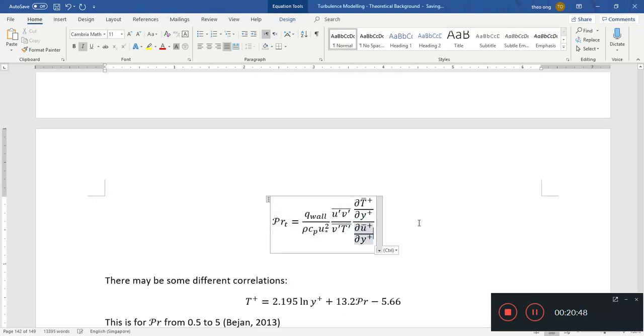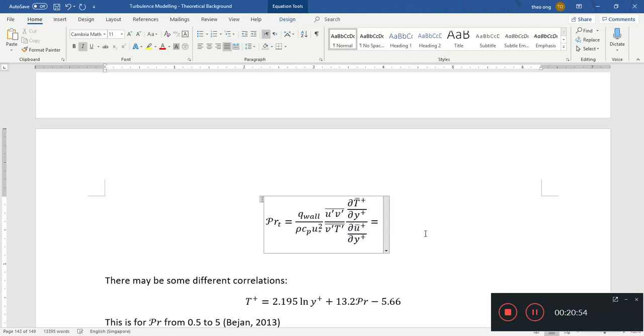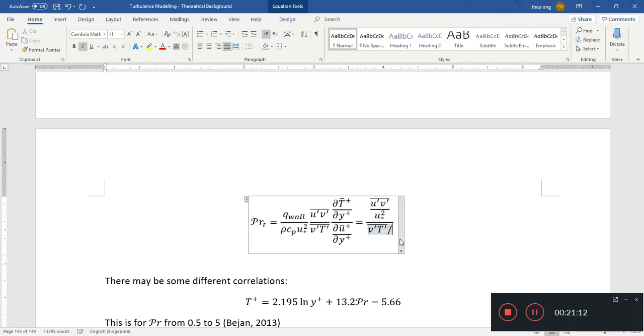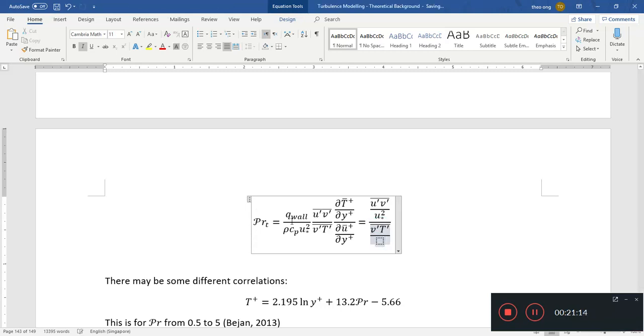All right, so how does the non-dimensionalization work? It works like so. We have this U prime V prime over this U star squared, and then we'll have this V prime T prime divided by Q wall over rho Cp.